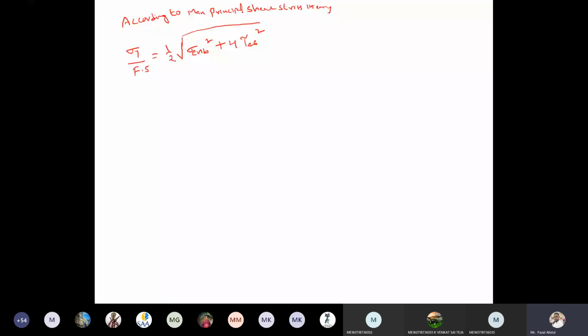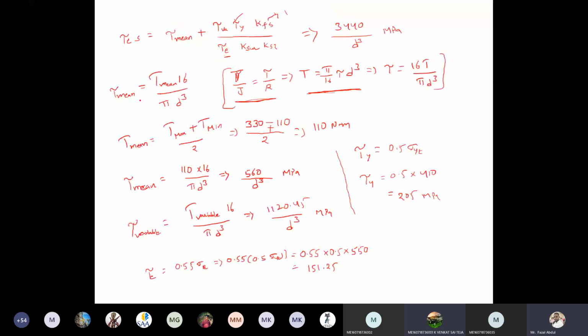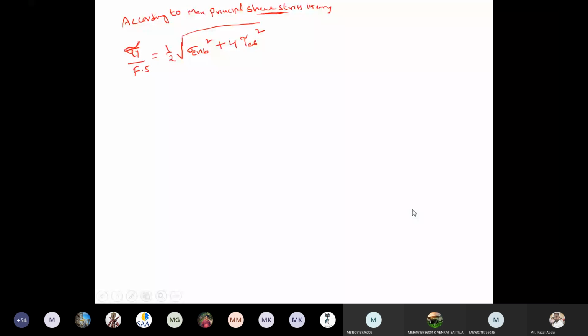The title is maximum principal shear stress theory. Because it is shear, here also we need to add the shear. So what is the shear yield? How much did we get? 205 megapascal. So 205 by 2 equals 1 by 2, and the net effective stress due to bending, how much did we get? Due to bending, how much did we get? 10627.